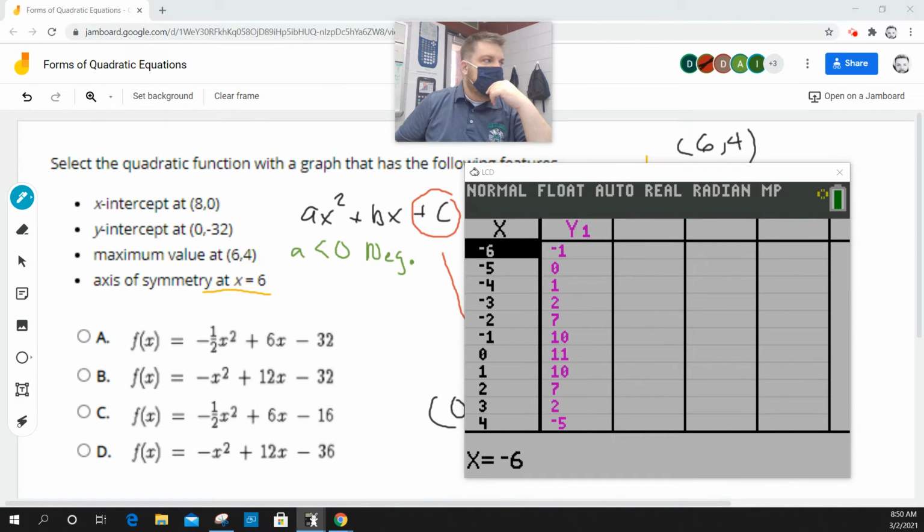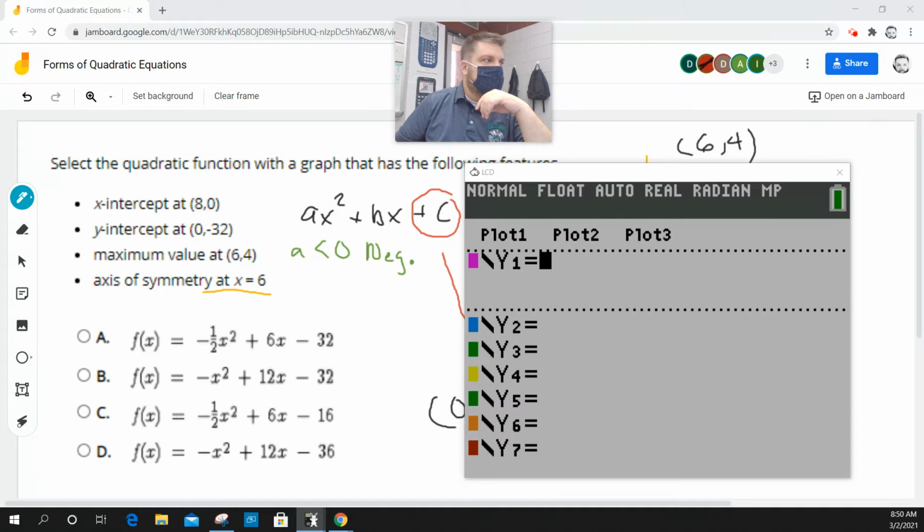So I'm going to go to y equals, and I think it is negative x squared. Remember to use the negative sign because you're not subtracting x squared from anything, so then you use the negative sign. Plus 12x minus 32.